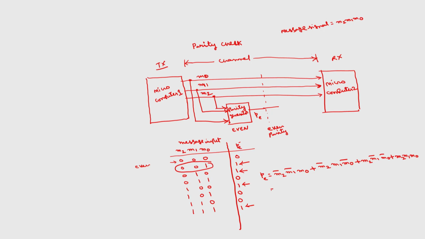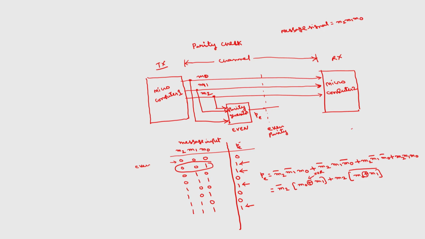If I simplify this, M2 bar is common in the first 2 terms. So, the remaining term is M0 exclusive OR with M1, and between these two, if I take M2 as common, this is the complement of exclusive OR of M0 and M1, so this will be the whole bar.